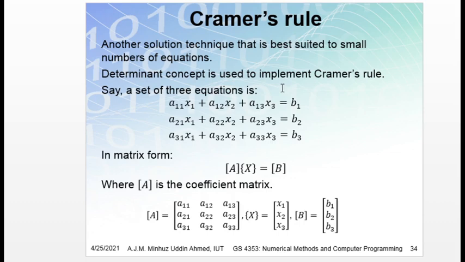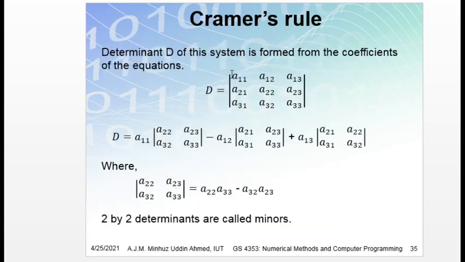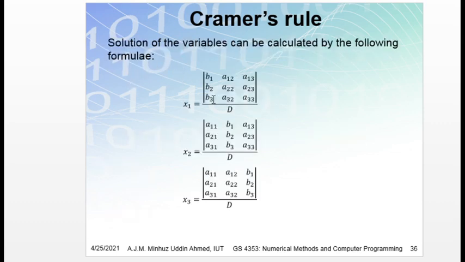First, we need to determine the determinant of the coefficient matrix A. After that, whenever we are trying to solve for x1, we will replace the coefficients of x1 in the coefficient matrix with the b vector, determine the determinant of that, and divide by the determinant of the coefficient matrix we determined before.